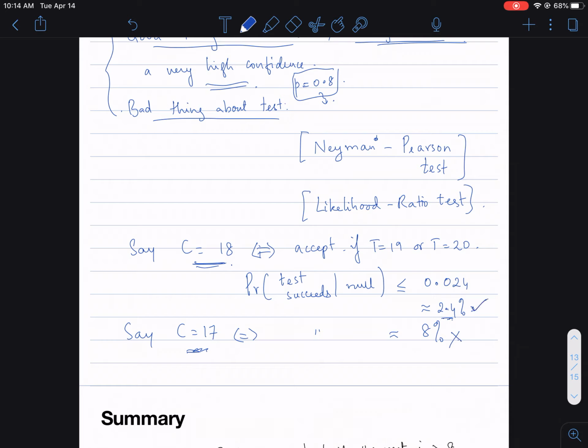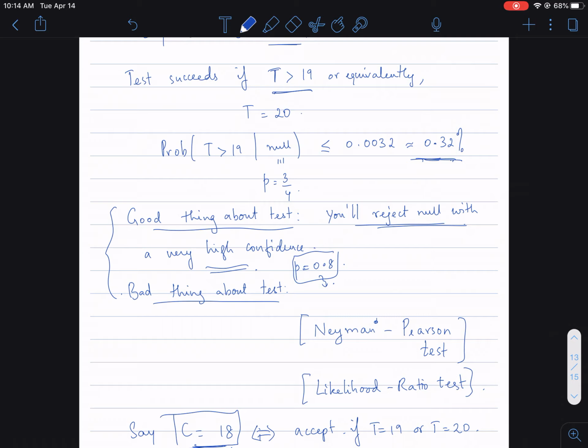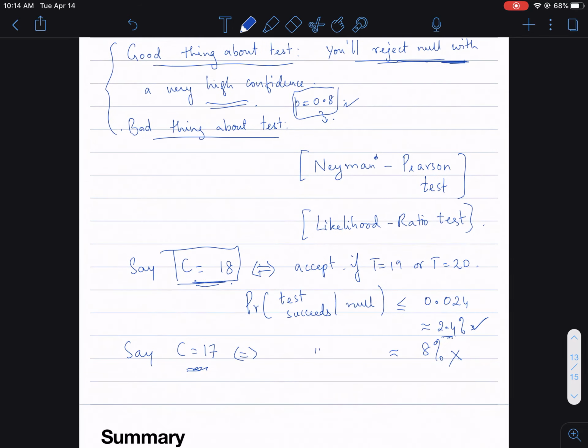In this case, you might decide to go with c equals 18, because it's not as strict as c equals 19, where your probability of rejecting was extremely high. Rejecting the null was extremely high, but you might also potentially reject other stuff, like p equals 0.8.